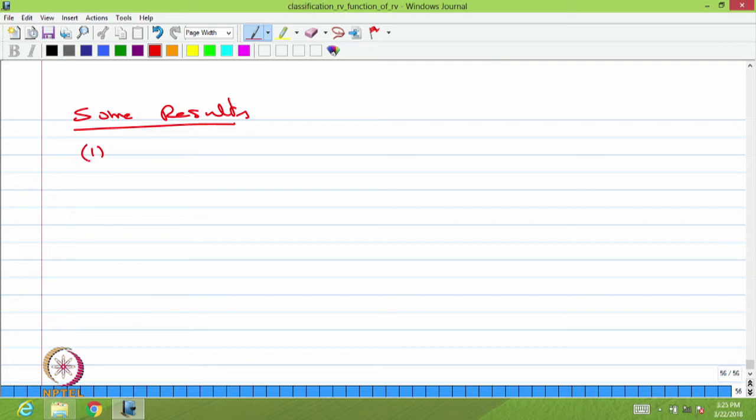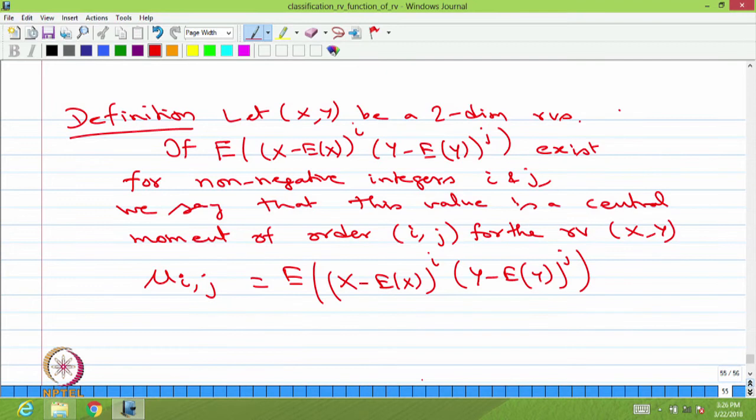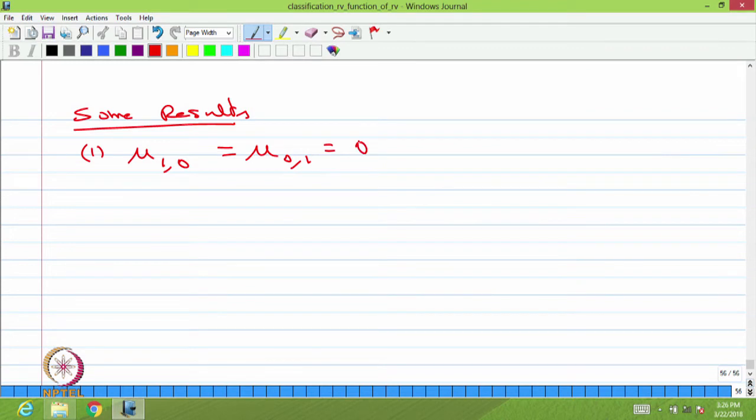The first result: if you substitute i equal to 1 and j equal to 0, or i equal to 0 and j equal to 1 in the definition, in both situations the value is going to be 0.